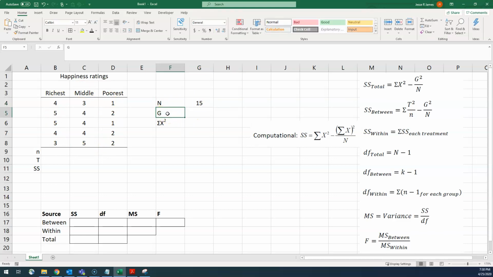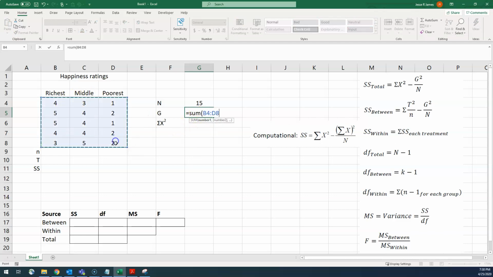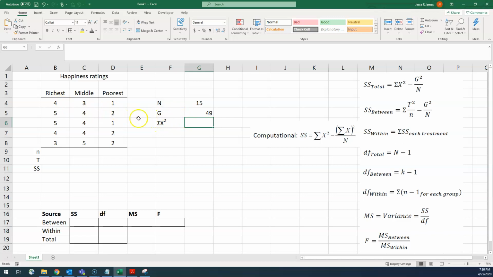We've got a grand total of scores that is equal to the sum of all of the values in this table. And the sum of all the x's squared is what we get if we square each of these scores and sum them up.